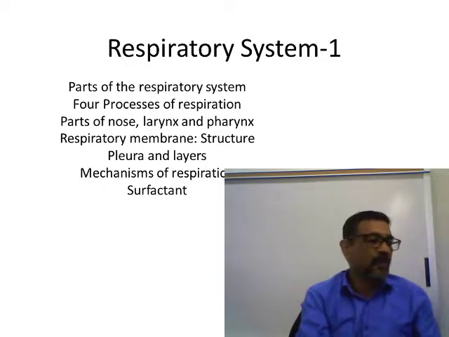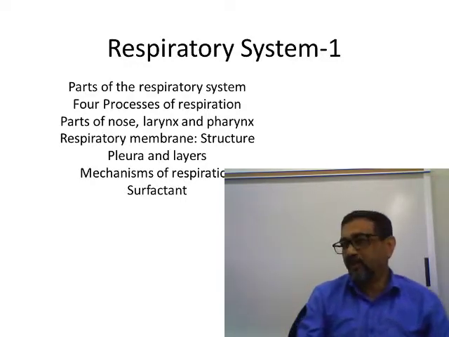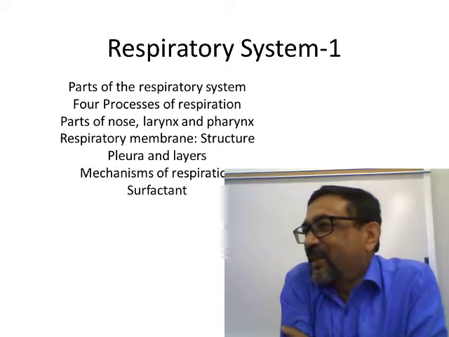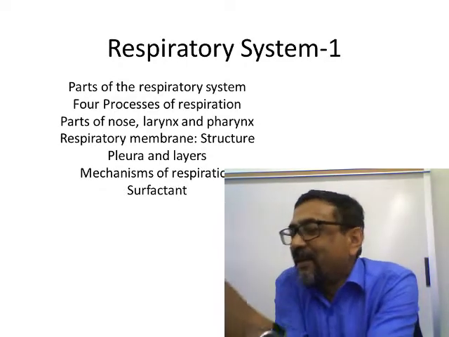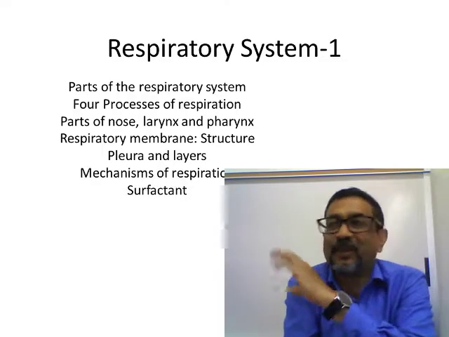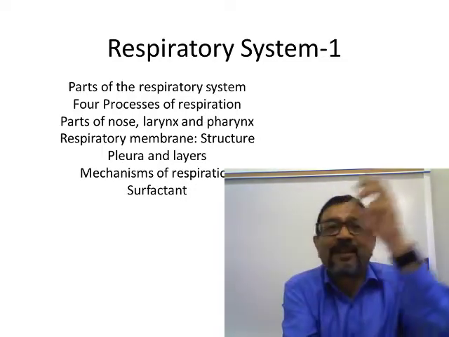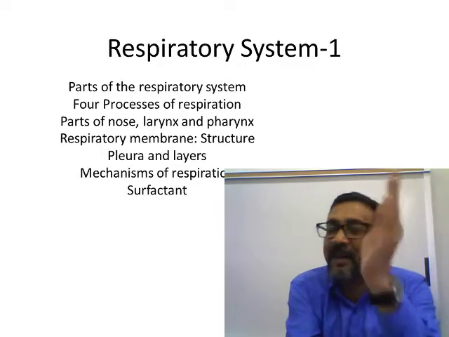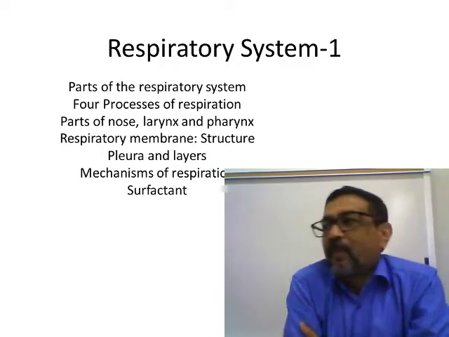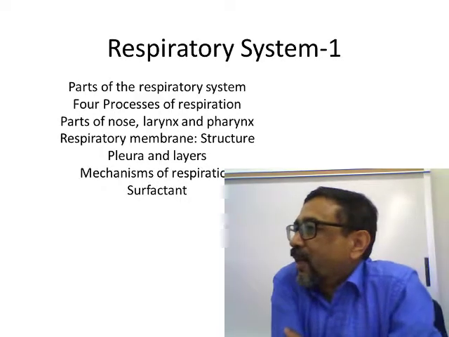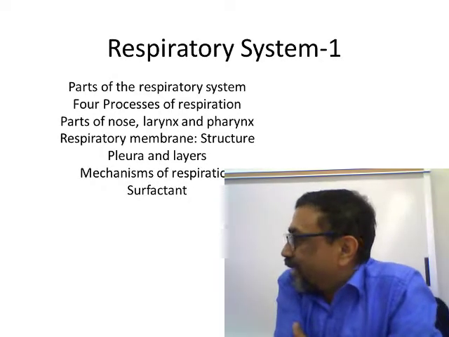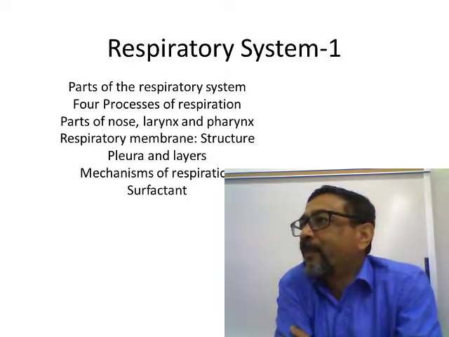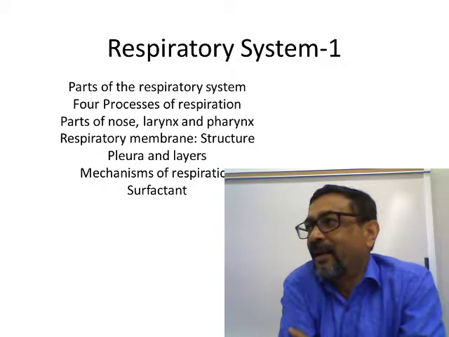Trachea is also known as air tube, and trachea consists of cartilages and muscles together. So you see, pharynx only muscle, larynx mostly cartilages, and trachea cartilages and muscles. Make sense? Now, the lower end of the trachea divides into two main or primary bronchi, right and left.